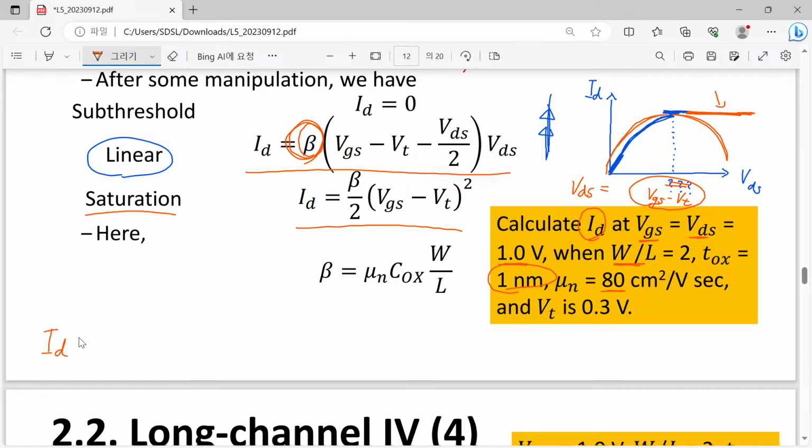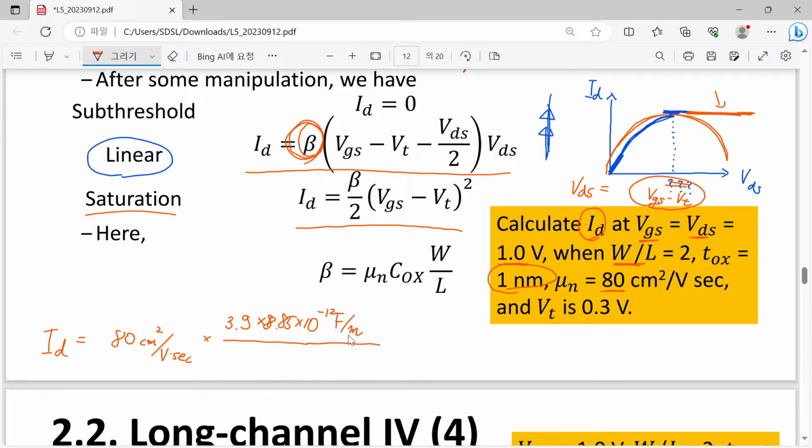In this case, we first calculate the beta. So 80 square centimeter per volt second, and also we have to calculate Cox. Cox is 3.9 times 8.85 times 10 to the minus 12, and this is farad per meter.